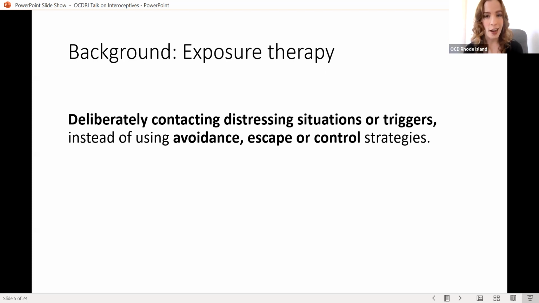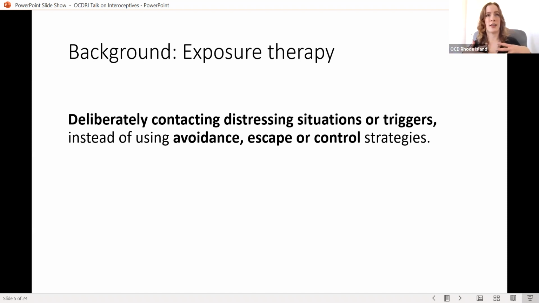But if not, it definitely bears a bit of review, because this is kind of the heart of what interoceptive exposure is about. So generally, exposure therapy is deliberately contacting any distressing situation or trigger instead of using avoidance, escape, or any control strategies to cope with that situation.